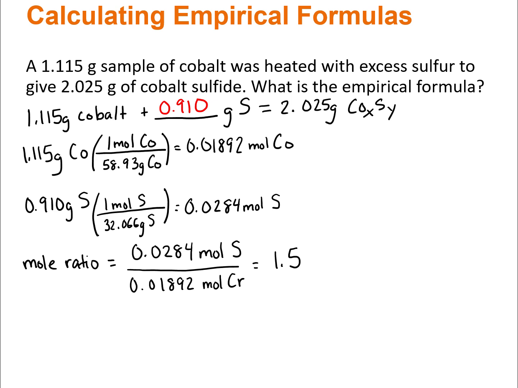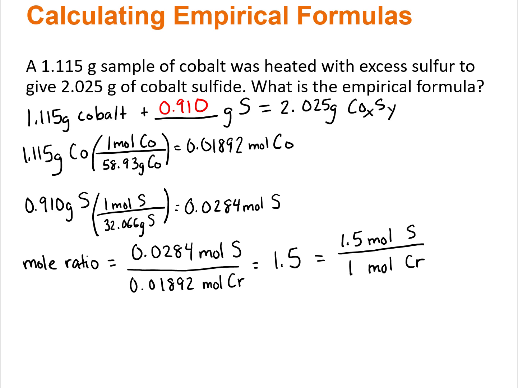That doesn't help. You have to remember what 1.5 can be written as. What it really means is 1.5 moles of sulfur for every 1 mole of cobalt.